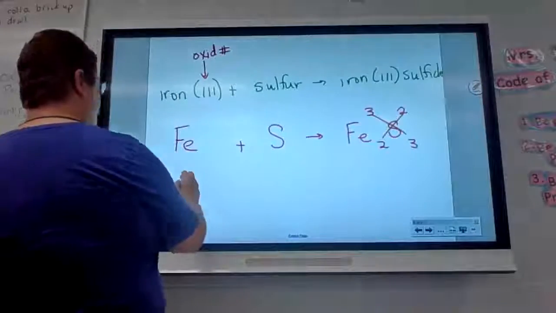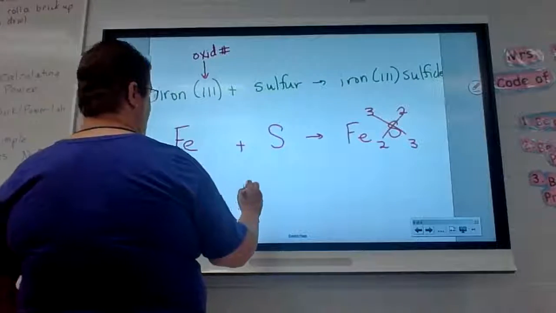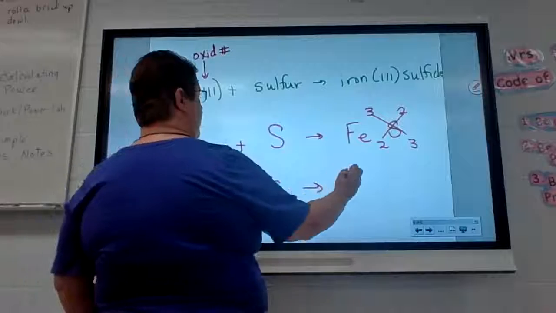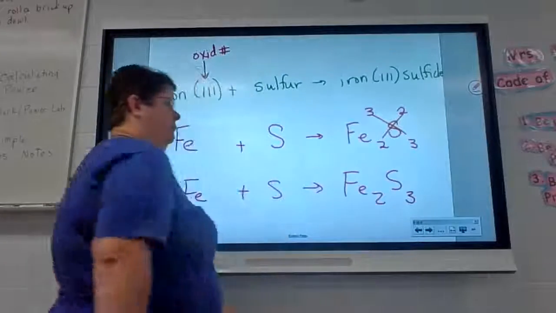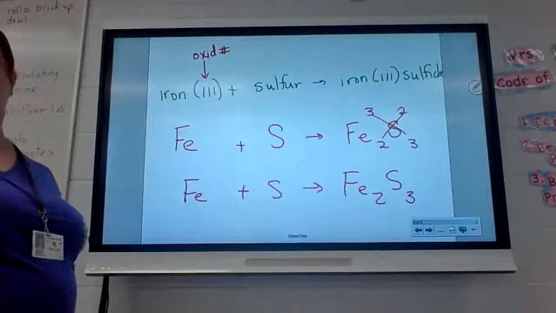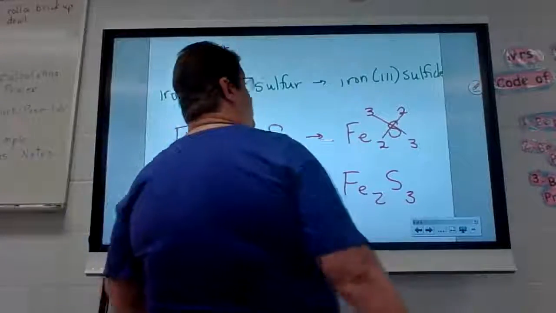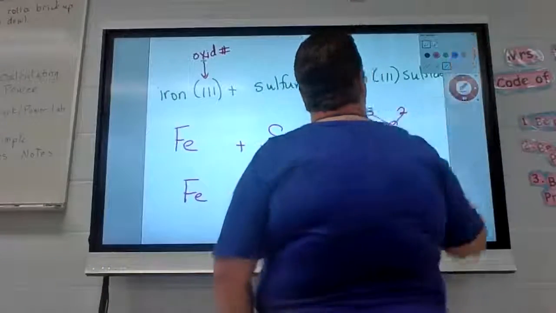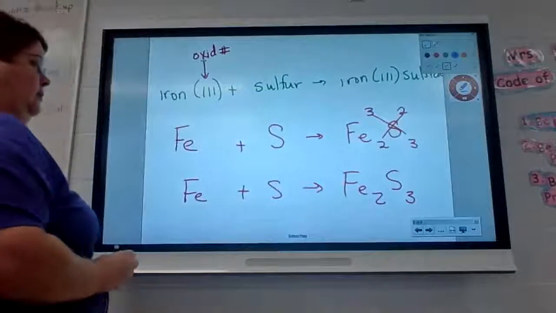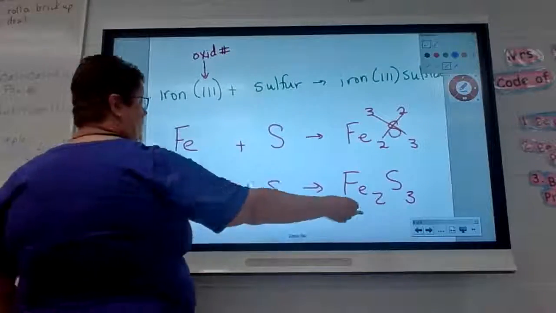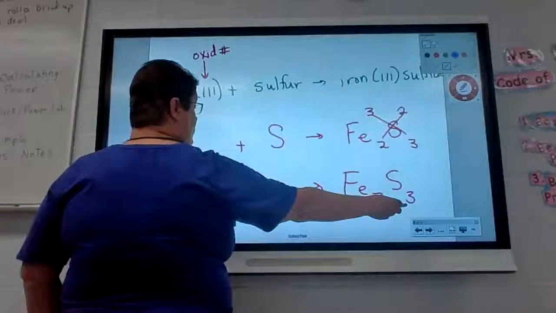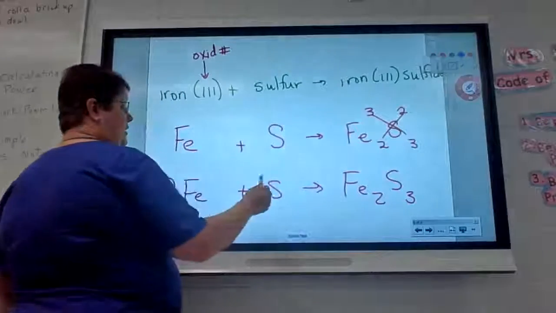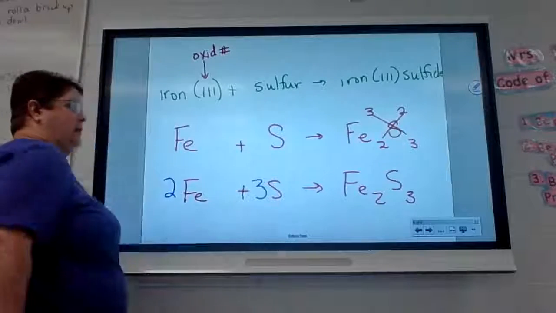So we have Fe plus S goes to Fe2S3. To balance it, this was a nice easy one because Fe has a what on it? 1. Has a 1 and this has a what? 2. So I'm going to put a what here? That S has a what? 3. And this gets a what? 3. Correct.